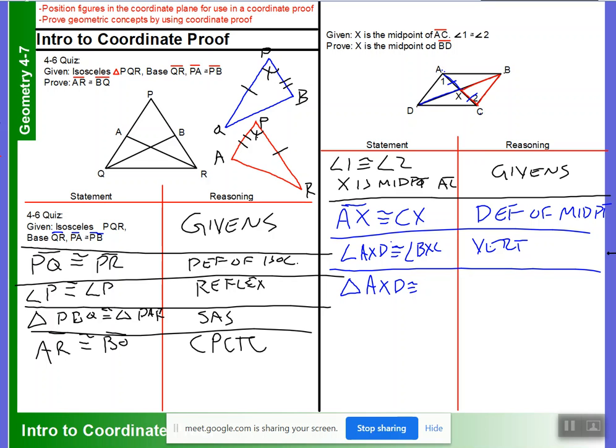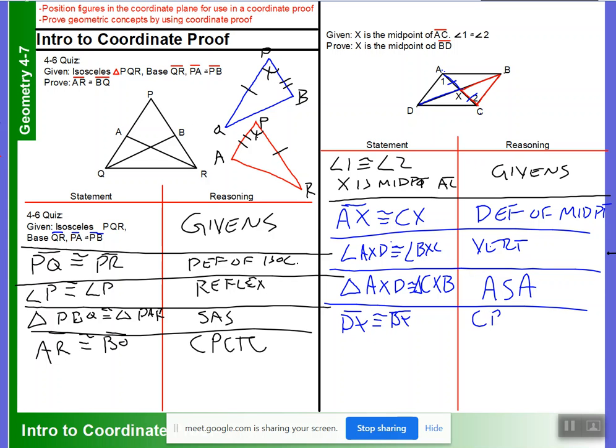So it's C. So we have to go CXB, and that's triangle CXB. And that is by ASA. And so after we say they're congruent, we can say DX is congruent to BX because of CPCTC.